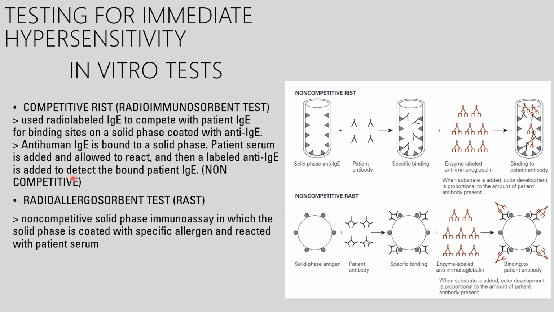However, there are non-competitive ways of RIST wherein the anti-human IgE is bound to a solid phase like this, and the patient serum will be allowed to interact to the anti-human IgE, and then the labeled anti-IgE will be measured, and they will check how high is the reaction, so that will determine the concentration of the IgE.